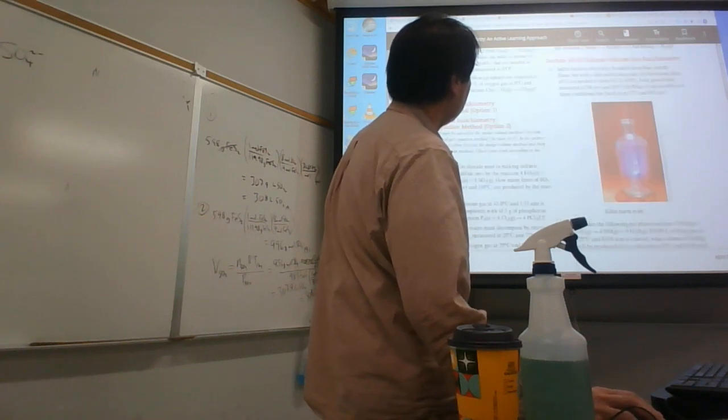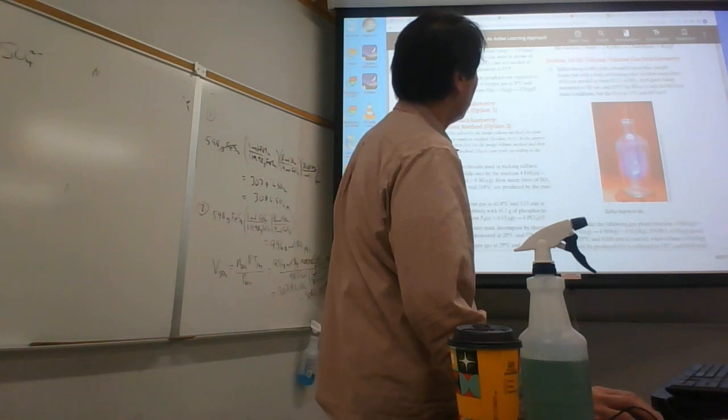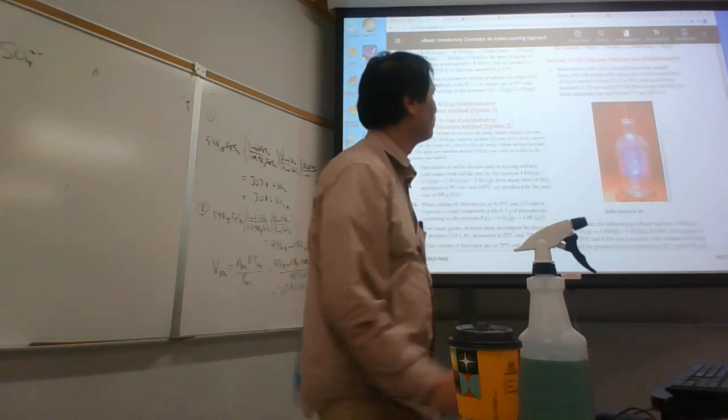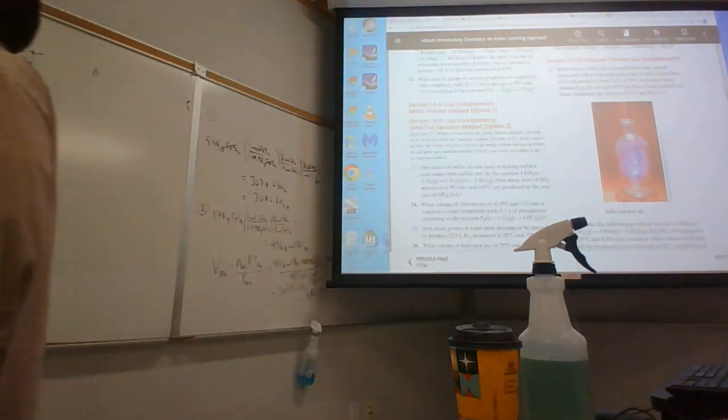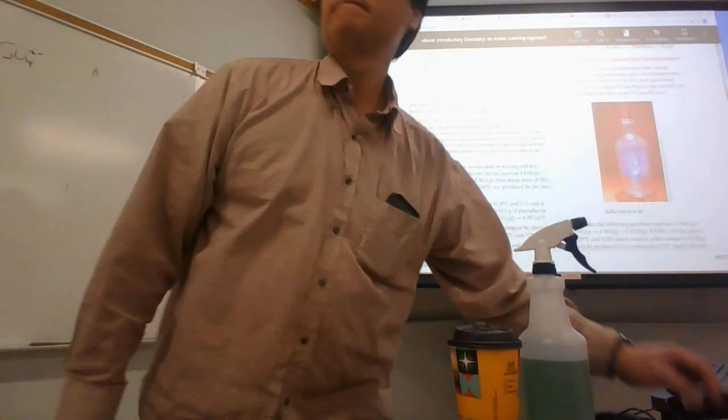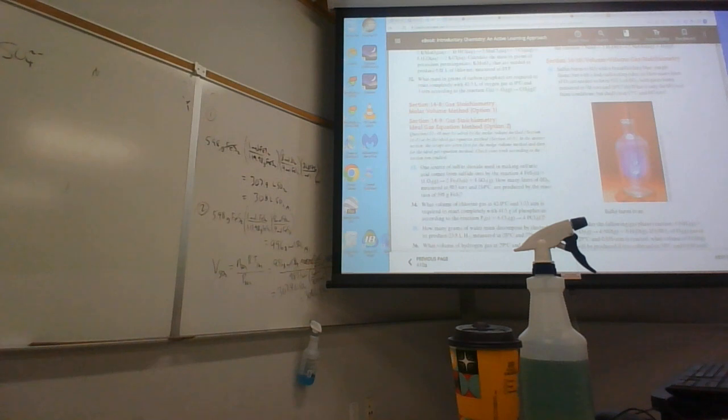How many liters of O2 are needed to form 35.2 liters of SO2? Both gases being measured at 741 torr and 26 degrees C. So I want to make 35.2 liters of SO2 gas.